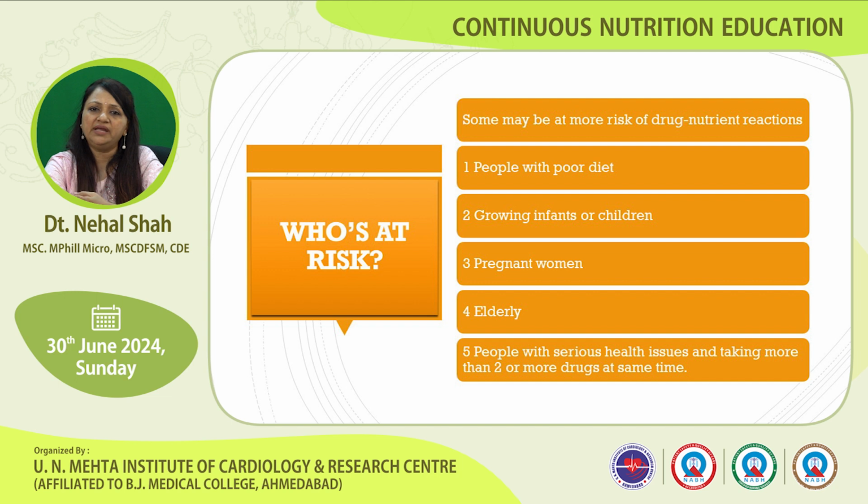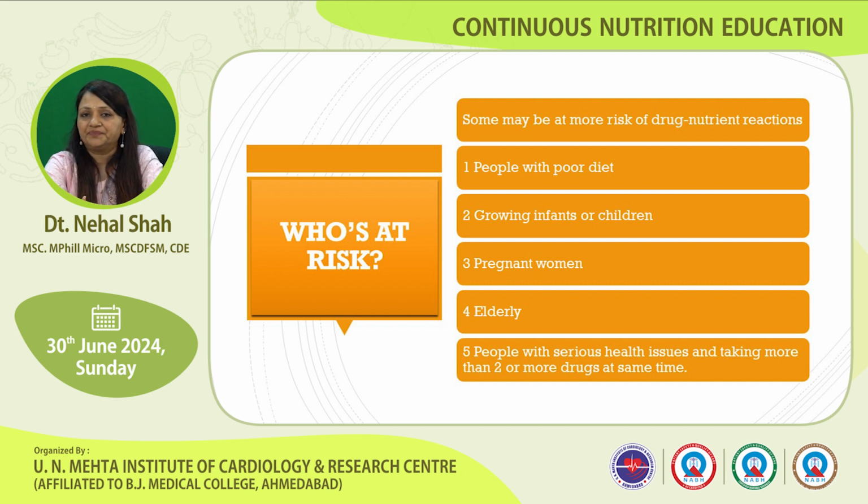Secondly, growing infants and children, as they have a long way to go in their life, are also at the maximum risk. Thirdly, pregnant women, as usual, are prone to effects especially from medicines, so this may affect them more.